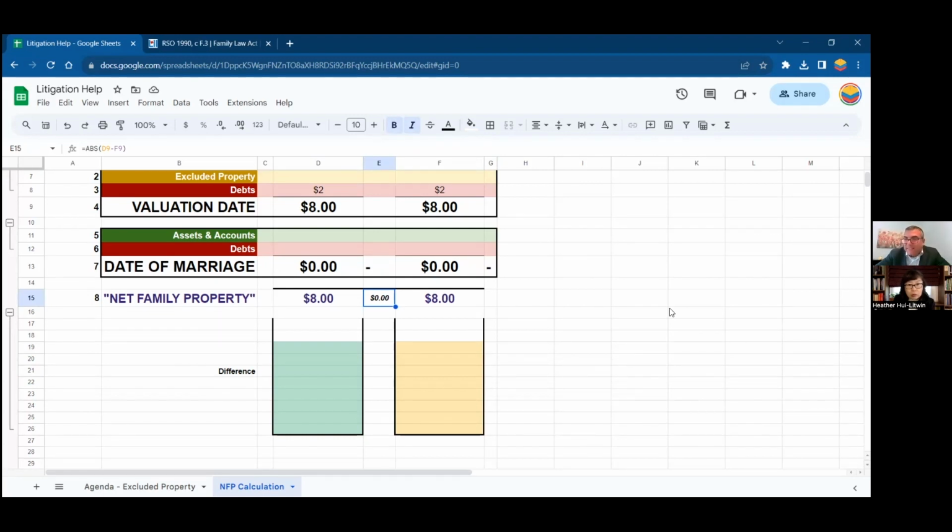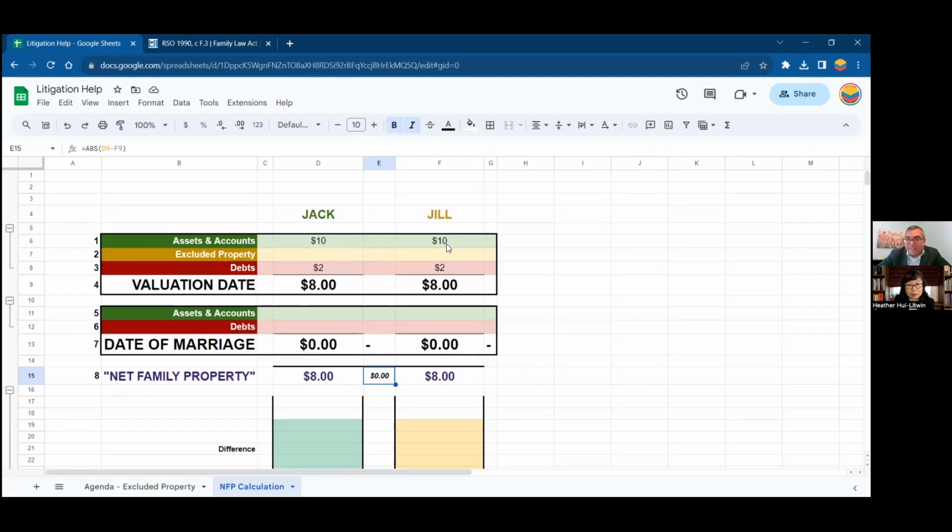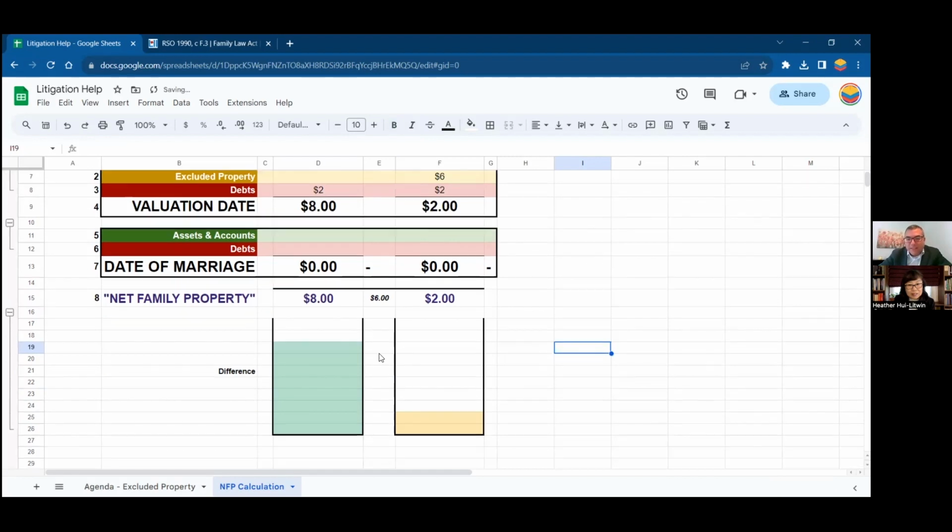That means it's in Jill's interest to prove that she has excluded property. Again, they both have $10. It's the same amount of money, but it's not the same outcome depending on if there's a number over here. So if I put 6 here, then it goes even lower, and then the payment gets higher.